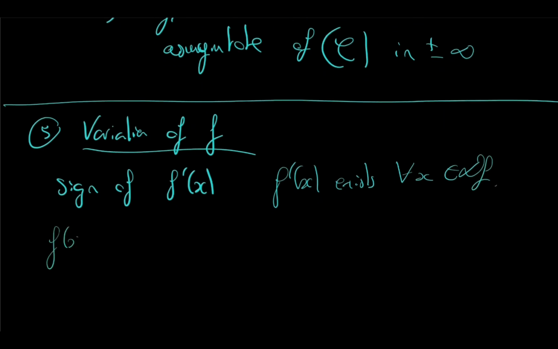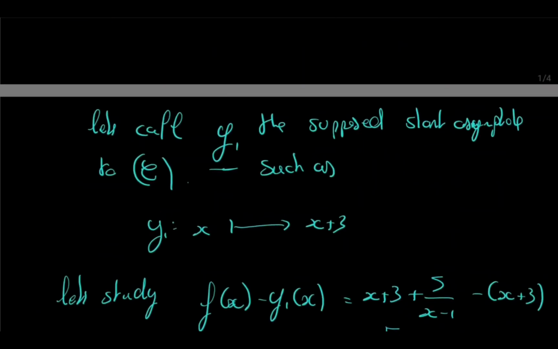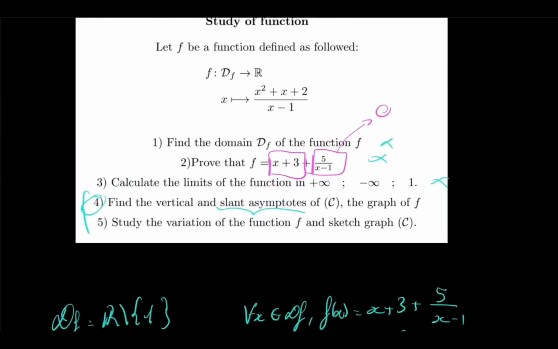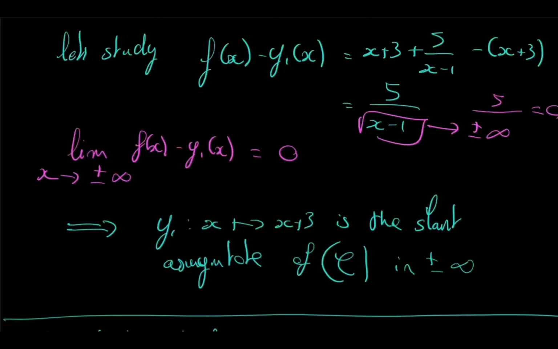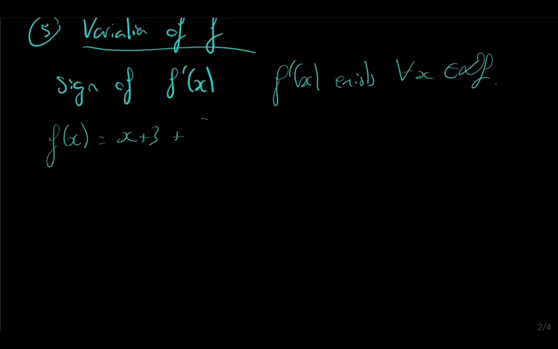Let's remind the expression of f of x is equal to x plus 3 plus 5 over x minus 1. Let's differentiate this function. f prime of x will be equal to 1 plus, what is the derivative of this?